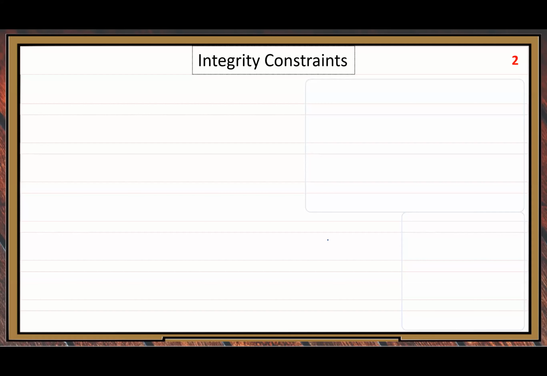Integrity constraints. You need to make sure your data follows certain integrity constraints, no contradiction. Okay, yeah, all right. Not ridiculous. So data integrity issue.